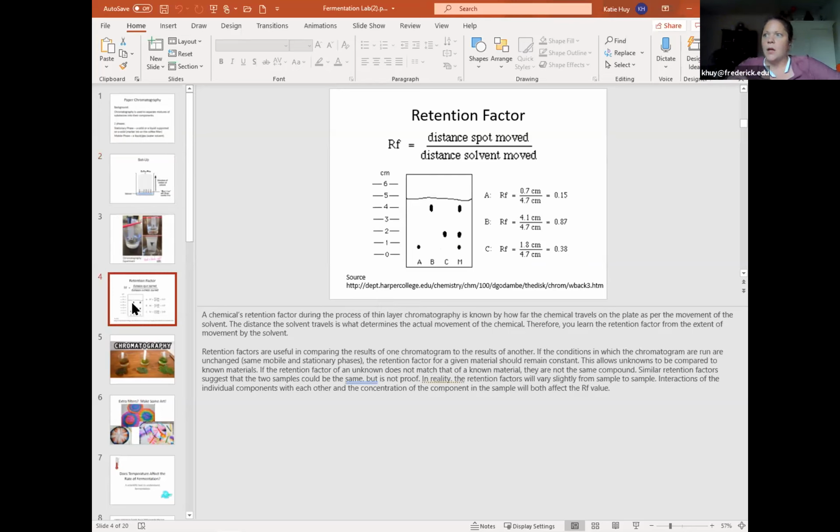Okay, this is where we're headed. We have this retention factor, and our retention factor is compound, chemical, pigment specific. It looks at how far that solvent is going to cause that pigment to move.